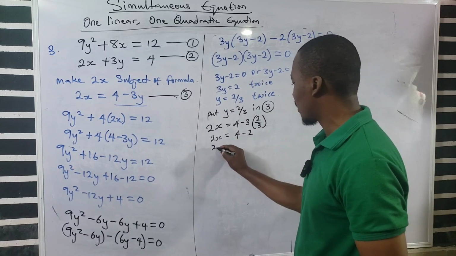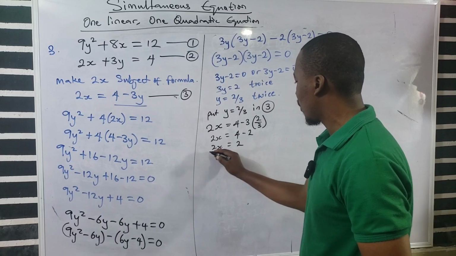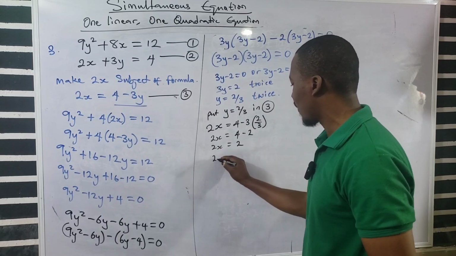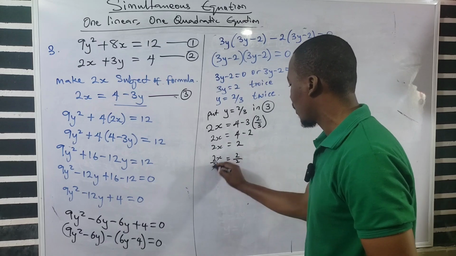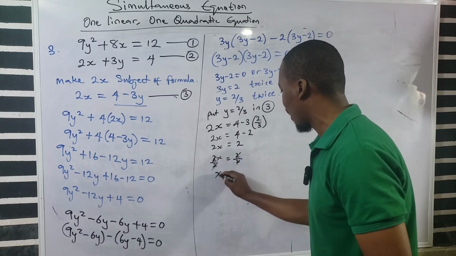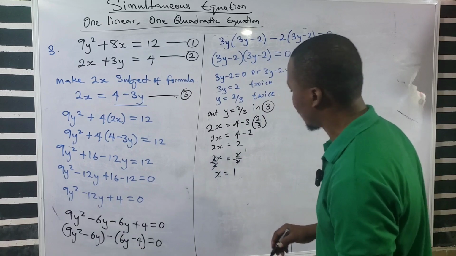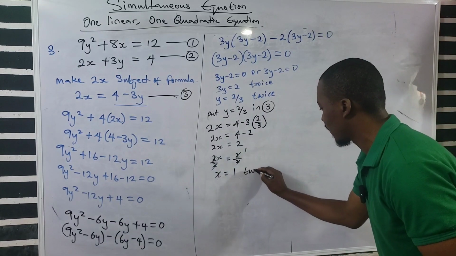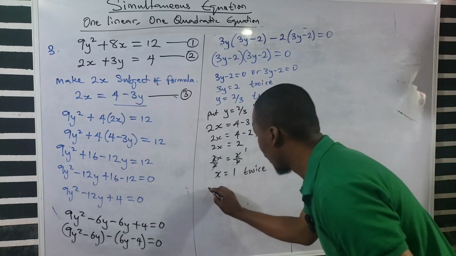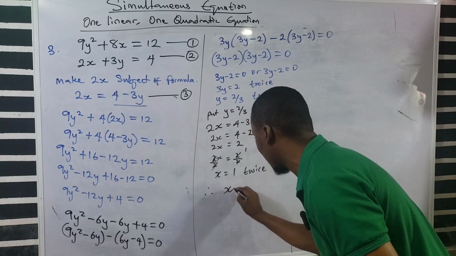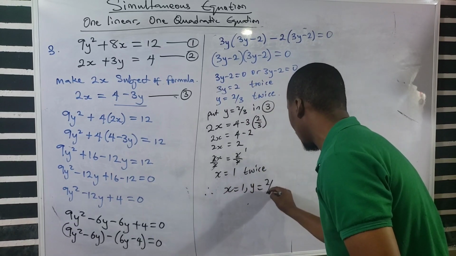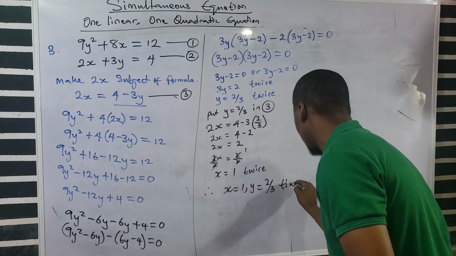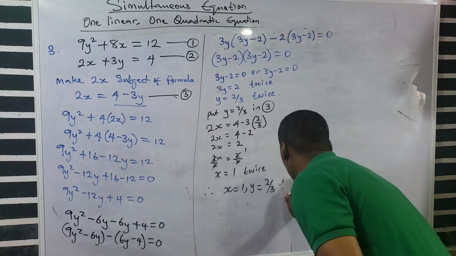So that will give you that 2s equals 2. Divide both sides by 2. You have that 2s over 2 equals 2 over 2. So this and this will go. We have s equals 1. Of course, twice. So we can conclude our answer that s equals 1 when y equals 2 over 3, twice.